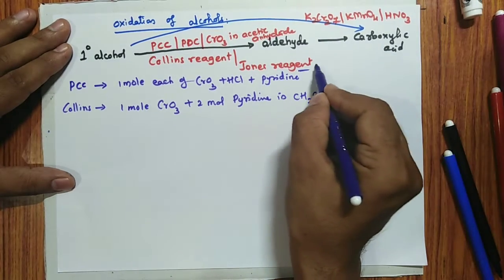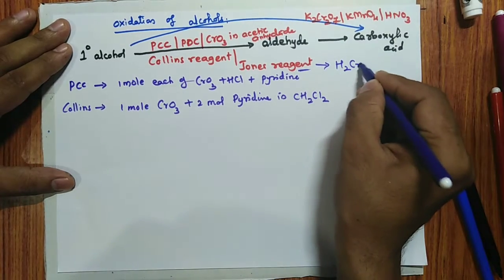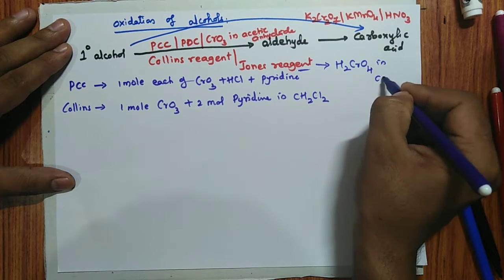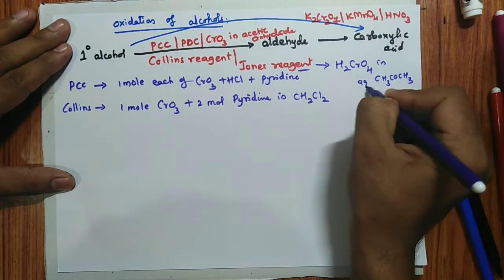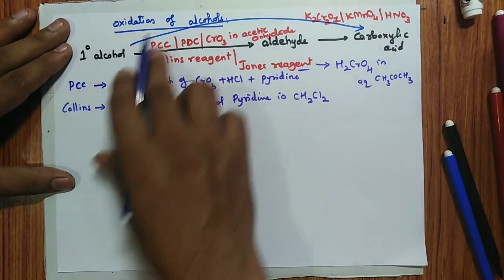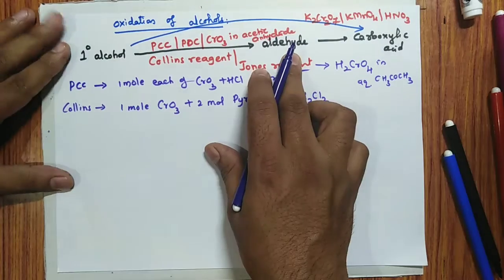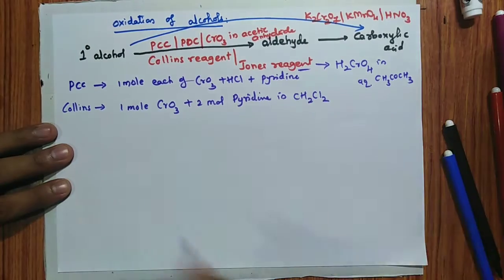And what is Jones reagent? Jones reagent is nothing but, remember, chromic acid, H2CrO4 in acetone, CH3COCH3, aqueous acetone you can also call it. This is Jones reagent, Collins reagent, PCC, PDC, or CrO3 in acetic anhydride. Primary alcohol gets converted into aldehyde. One example I will give you.